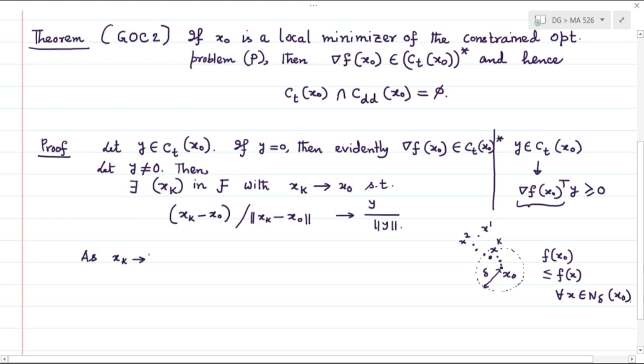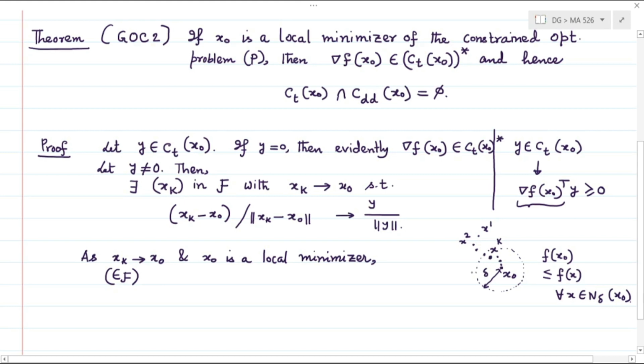And therefore, as xk converges to the point x naught and x naught is a local minimizer, these xk elements are all in the feasible set F. And x naught is an element of the feasible set, even if it is not an interior point.